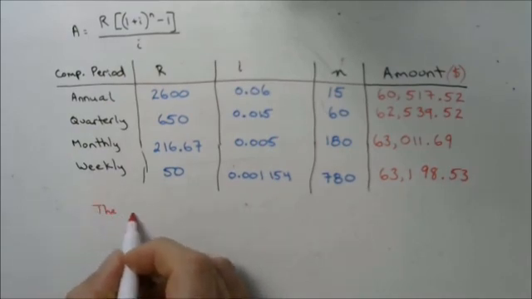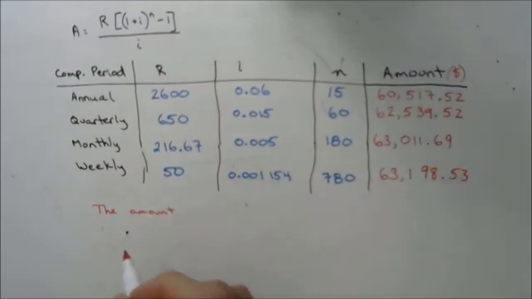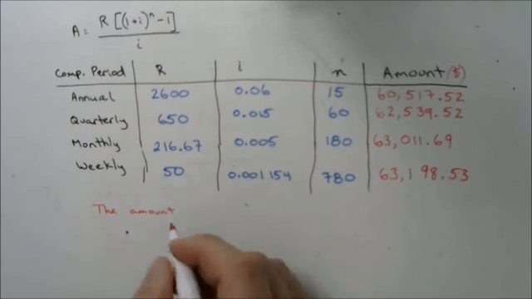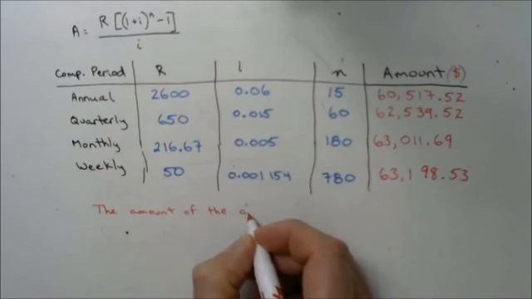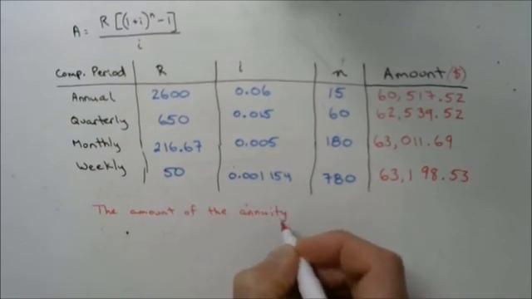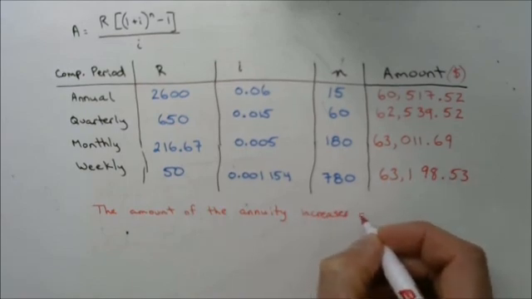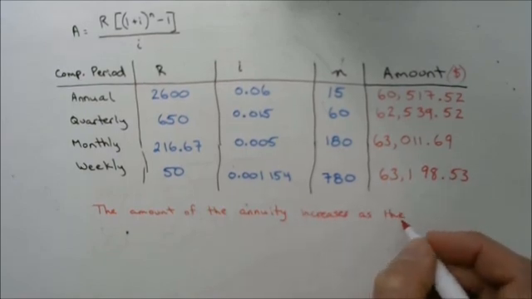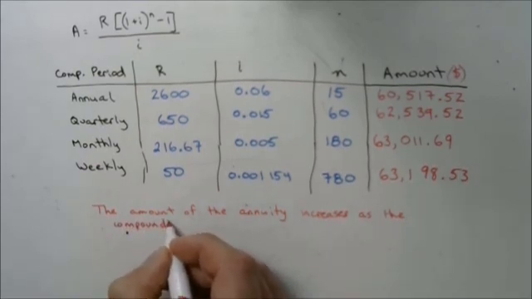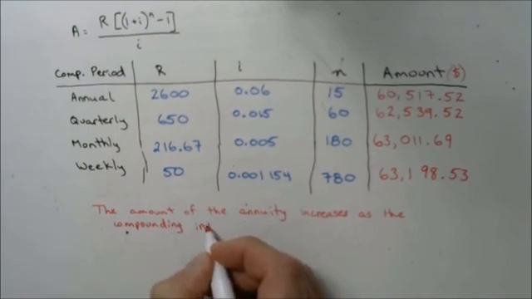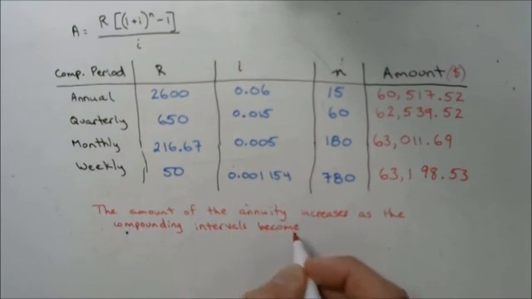Let's make a note. The amount, being the final amount in the account at the end of this investment period, the amount of the annuity increases as the compounding intervals become more frequent.